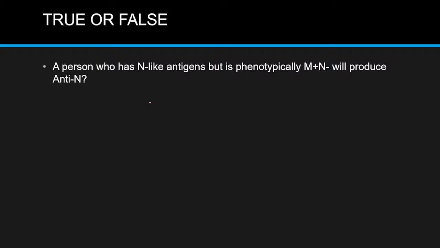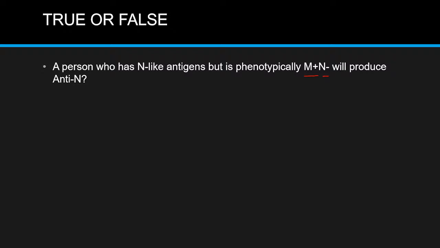Now, true or false? A person who has N-like antigen but is phenotypically M positive, N negative will produce anti-N. A person who has N-like antigens but is phenotypically M positive, N negative will produce anti-N.